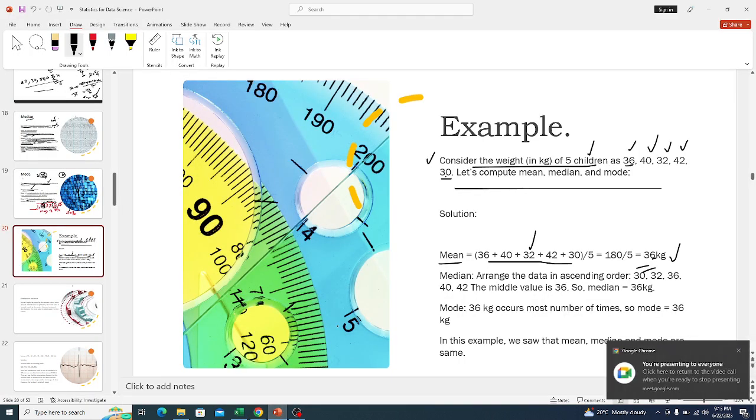So outliers are extreme high or low values.